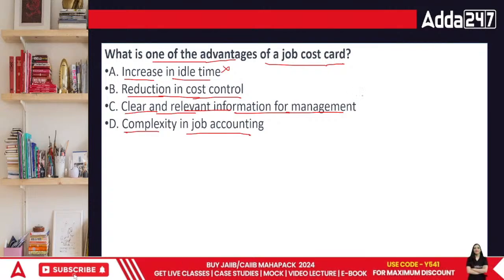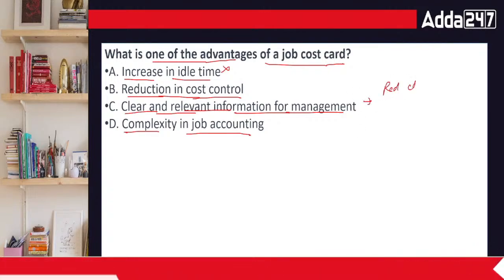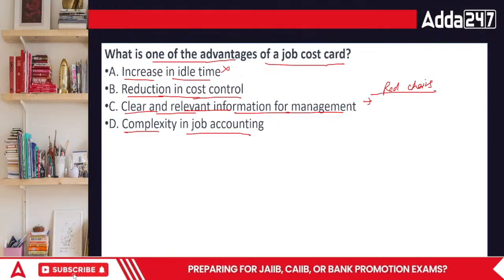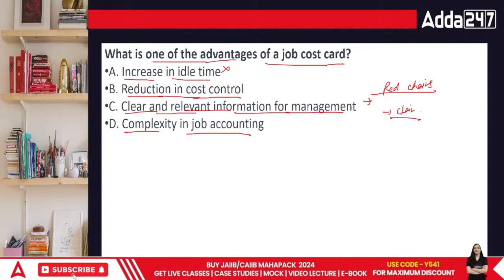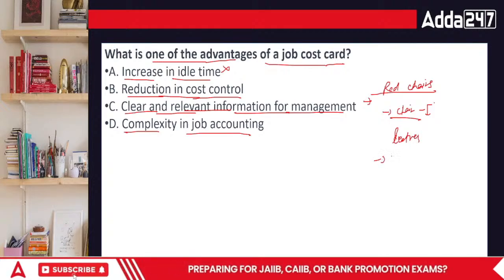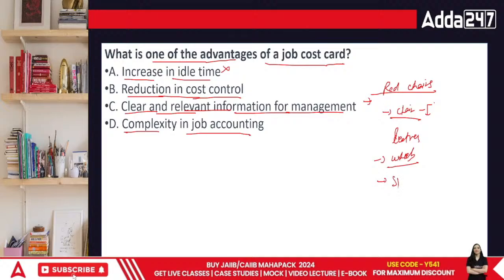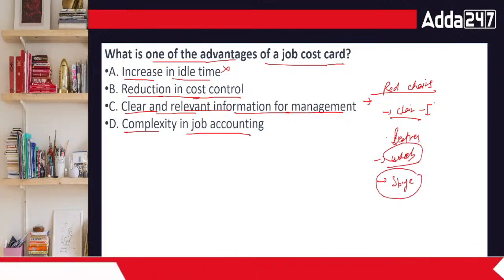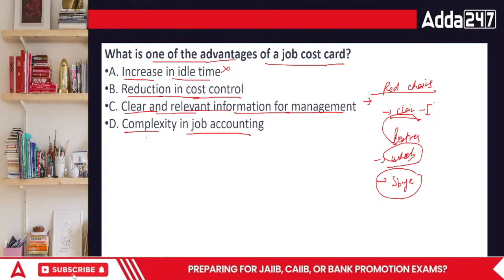Actually, in this case, we have all the information of that particular job. If I'm preparing red chairs for you, let's take it. If I am doing this work for red chairs, I'll be having the components of the plastic, then the leather that I need, then the other components, the wheels and everything that would be added, and the sponge that would be put inside the particular chair. All these things would be determined. Then that is how we will buy those things, you know.